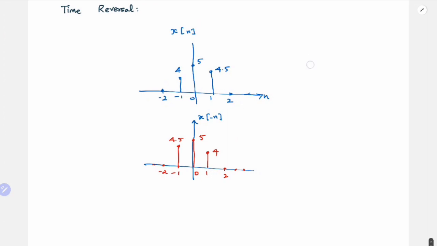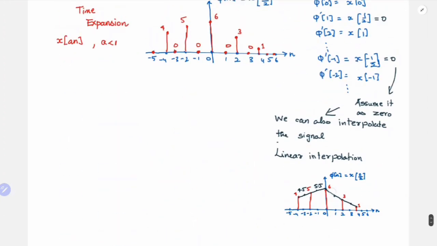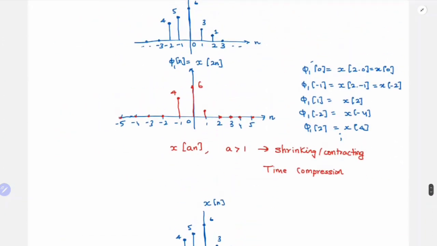It is like a reflection about the vertical axis, and the origin is unchanged. So here also the origin is unchanged. If it is a pure time scaling or time reversal, your origin is going to be unchanged.